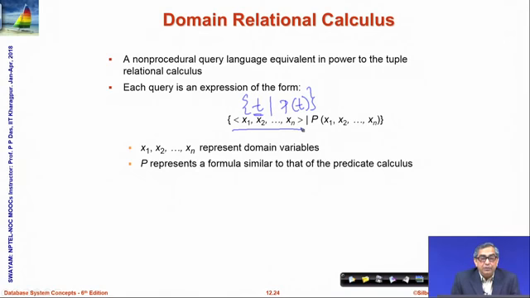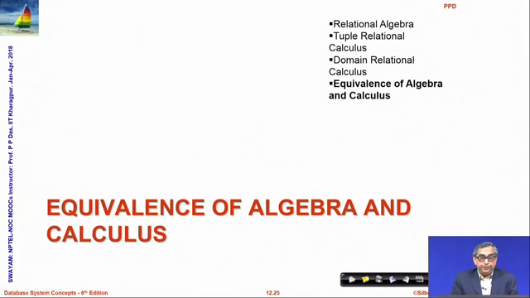So, we write the values of the different components of T over the n attributes as an n-tuple. Instead of one variable T, we have n variables x1 to xn, and therefore the predicate is formed of these n variables, where x1 to xn represent the different domain values, domain variables, and that leads to the name domain relational calculus.